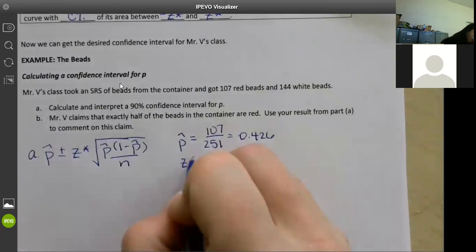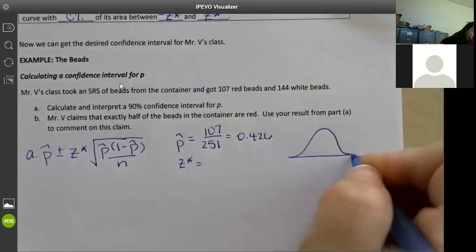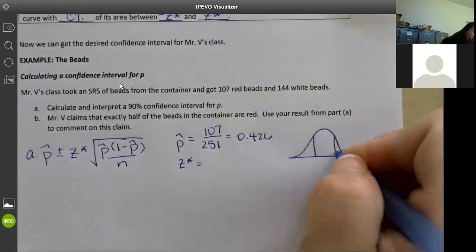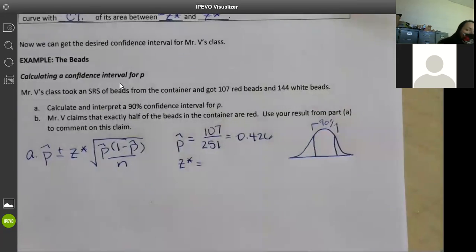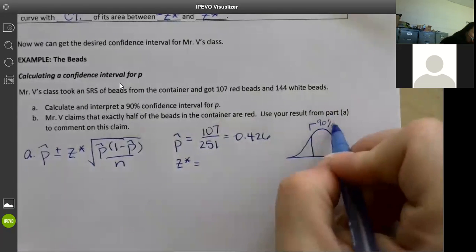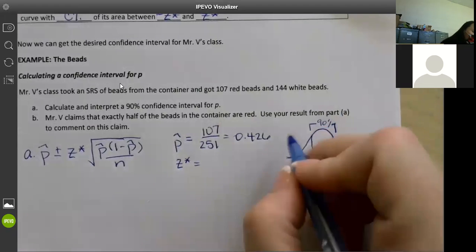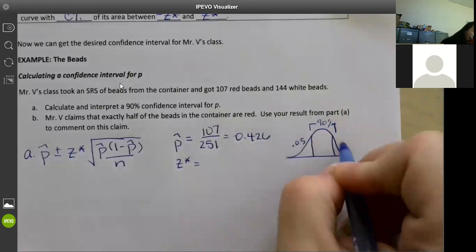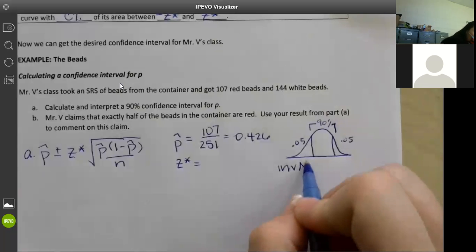We need to find Z star. So we're doing a 90% confidence. So what's left over on either side is 0.05. So we're going to do inverse norm.